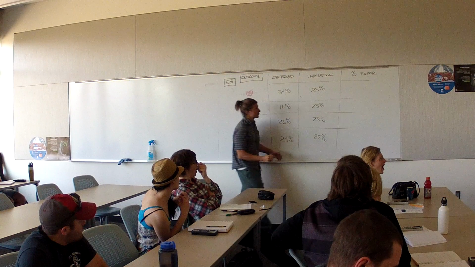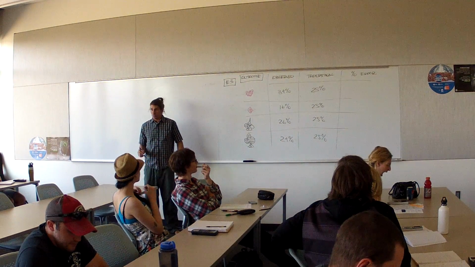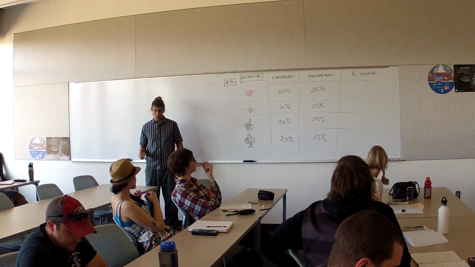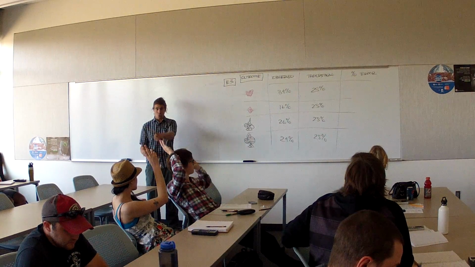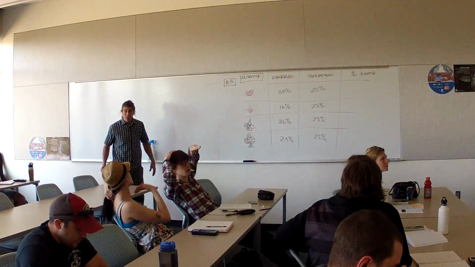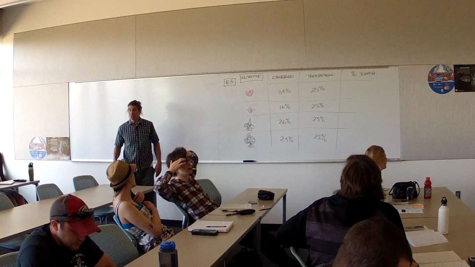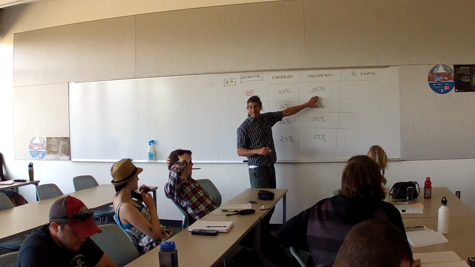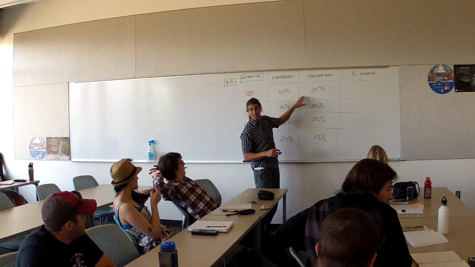Do you remember how to do percent error? Remind me. Observed minus theoretical, good, over the true value, your theoretical. So you're expecting this as a base, and then you're looking at the distance between this and this.